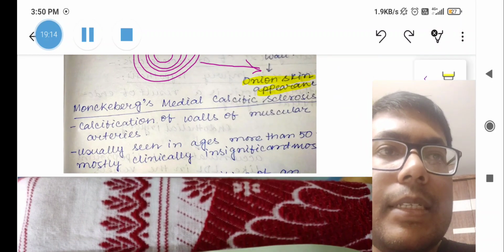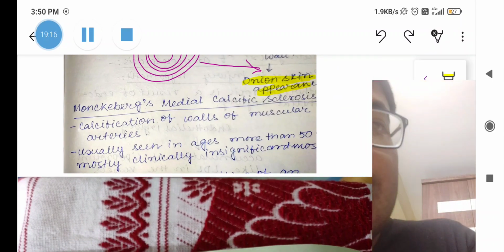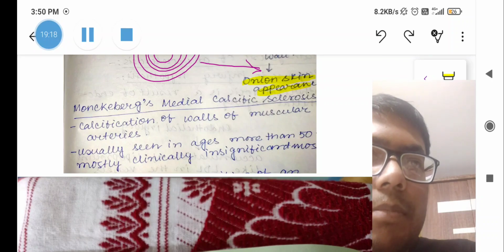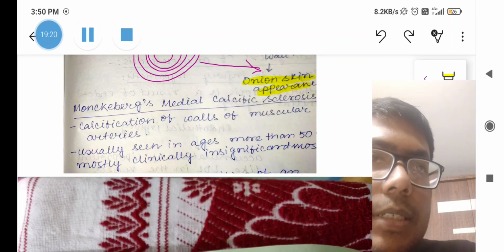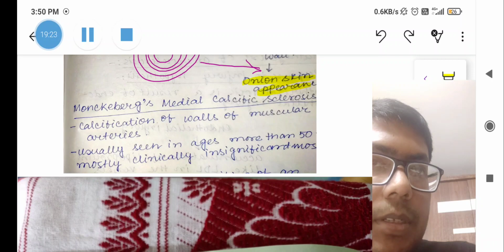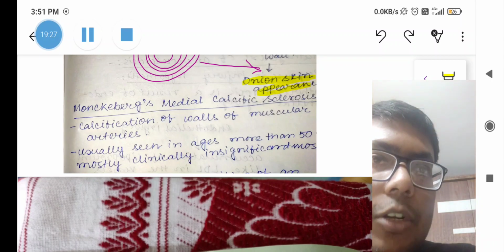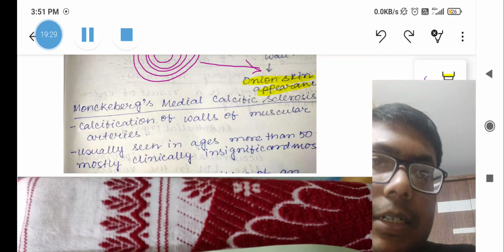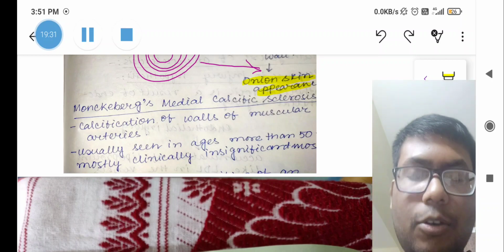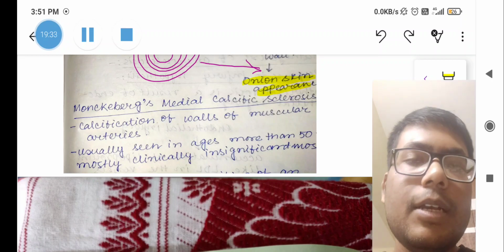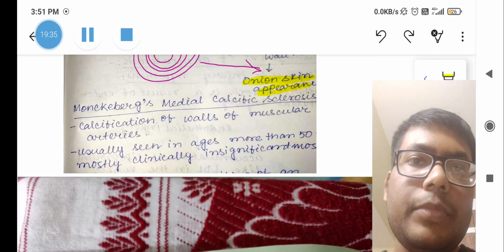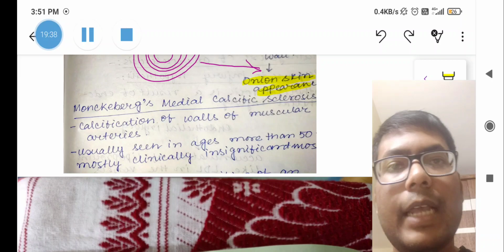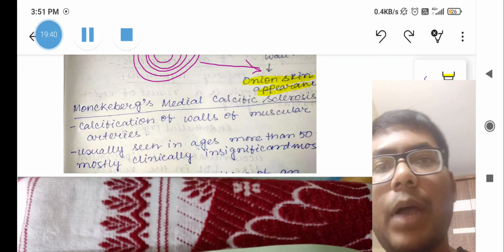And the next thing is Monckeberg medial calcific sclerosis. That is the calcification of the walls of the muscular arterioles. If we take an X-ray of that person, we can see a tubular calcified part.